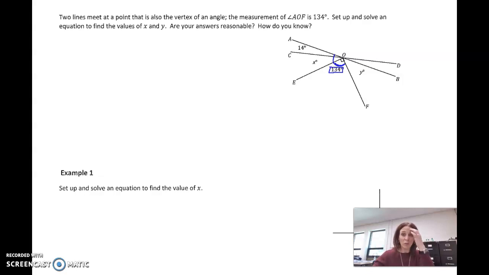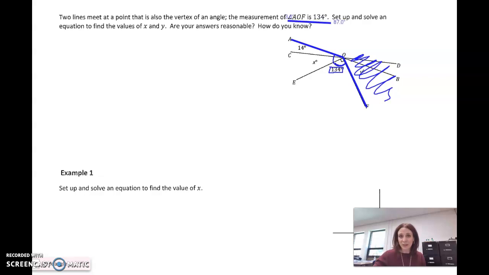Now this can look overwhelming because there's all these lines coming out from everywhere. All right, so just take it piece by piece, okay? So if I look right here, if I somehow cancel everything out over here, I can see that AOF is 134 degrees.